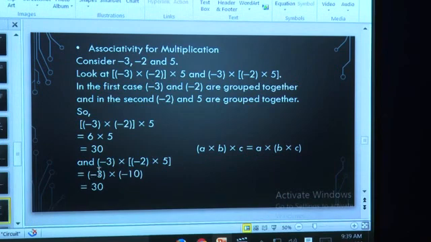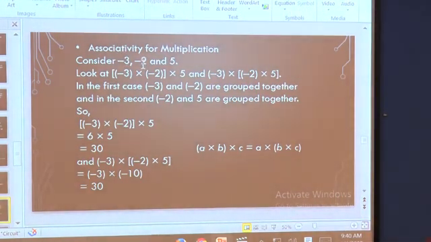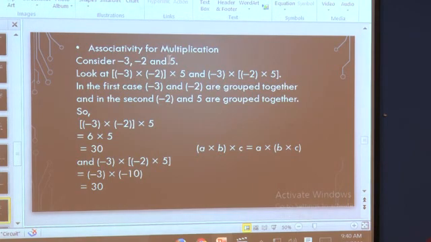Here you know when negative integers are multiplied 2 times you get a positive integer. So 10 3s are 30, minus into minus is plus. So this 30 and this 30 are both equal. In the associative property I did the grouping on my own. You can do the grouping of your own and you will find both the answers, the products, will be the same.